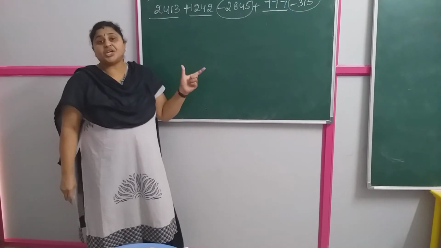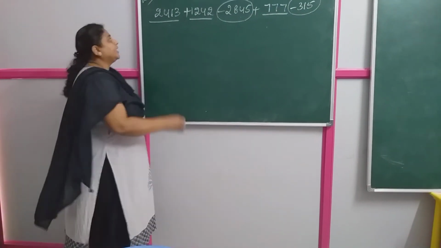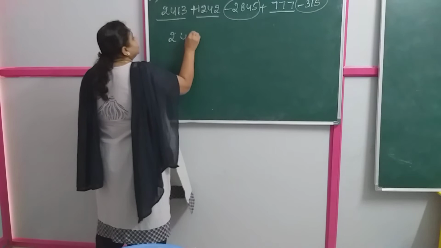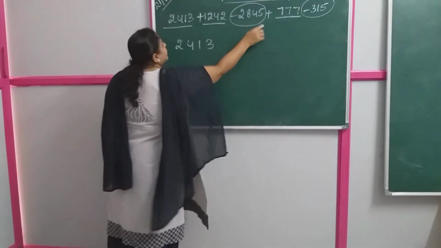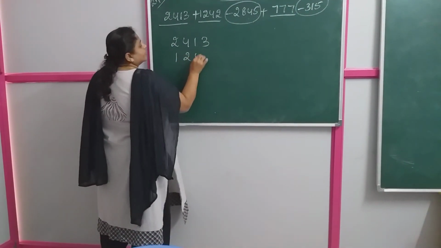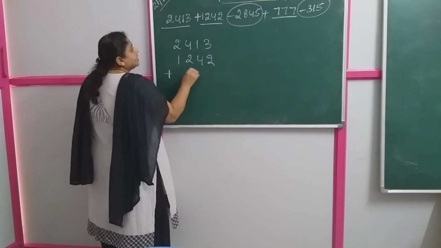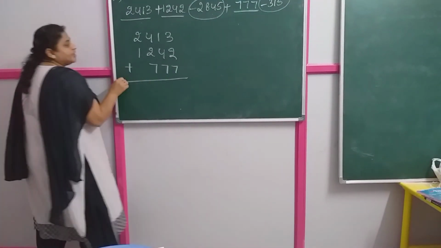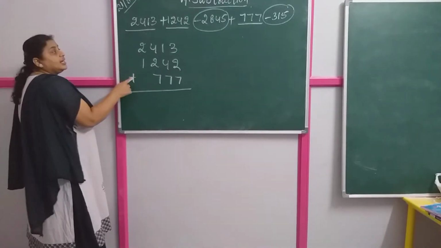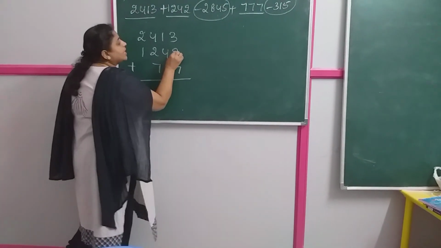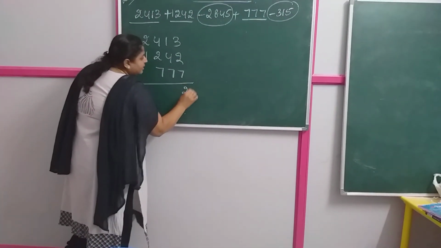Now first, which one shall we do? Addition or subtraction? Yes, addition we are going to do. Come on, let us add the numbers that have been underlined: 2413 plus 1242 plus 777. Now you are going to add the underlined numbers. 7 plus 2, 9, plus 3, 12.